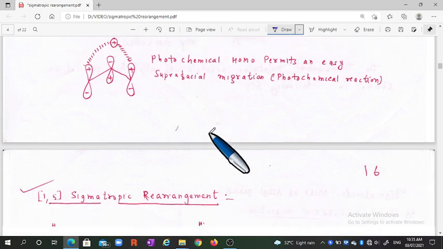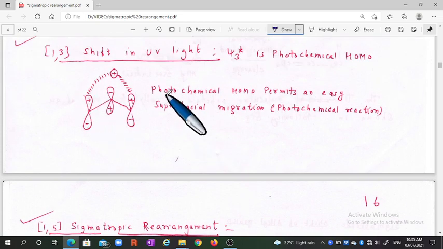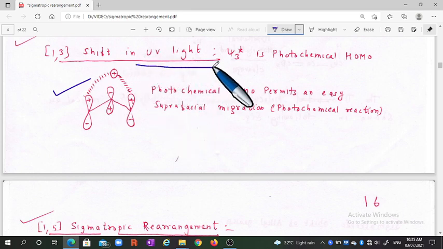Such migration is suprafacial, it can be possible, and it is also a symmetry allowed reaction. Therefore 1,3 migration can be possible by using UV light, so it is a photochemically allowed reaction.